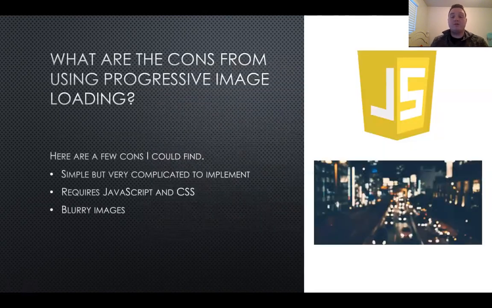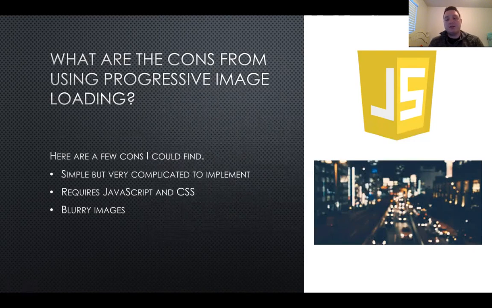What are the cons from using progressive image loading? Simple but very complicated to implement on a small program. I'll teach you a little bit how to do that, and we'll look at a couple of examples. It does require JavaScript and CSS to be implemented. The only con that I could really think of that's not maybe the best user experience is blurry images. Blurry images can be great for artistic effects.